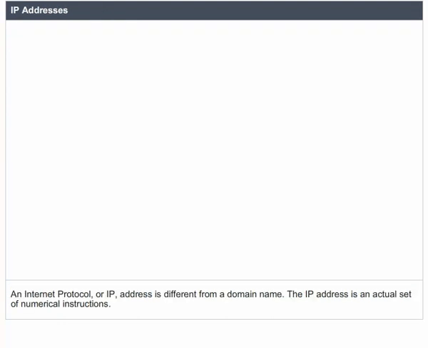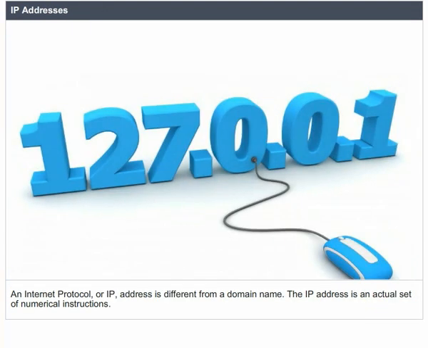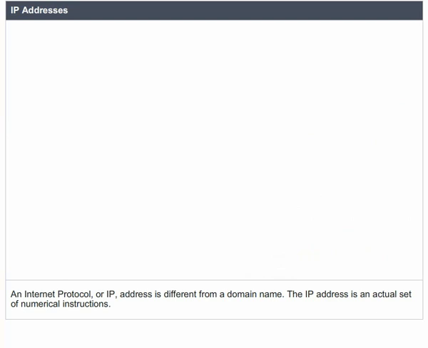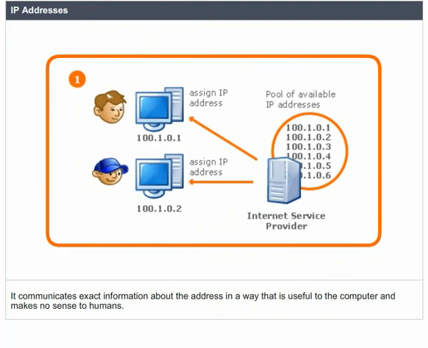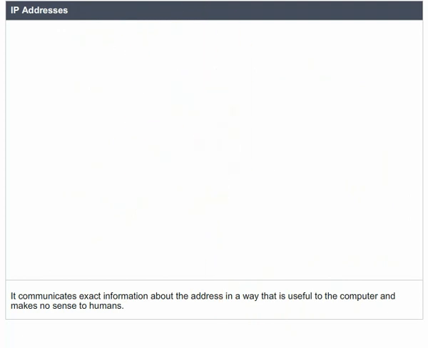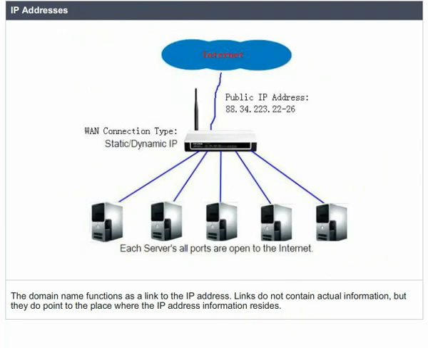IP addresses. An Internet Protocol, or IP, address is different from a domain name. The IP address is an actual set of numerical instructions. It communicates exact information about the address in a way that is useful to the computer and makes no sense to humans. The domain name functions as a link to the IP address. Links do not contain actual information, but they do point to the place where the IP address information resides.